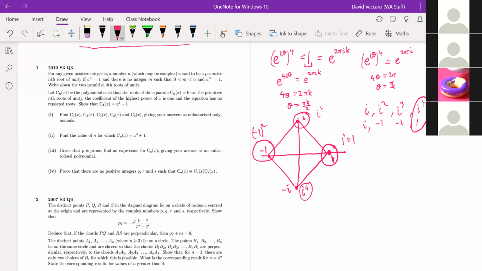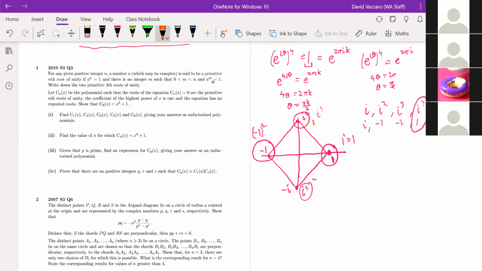Now if you were doing this STEP question for real, you're probably getting ideas of coprimality in your mind: the second power of i is not a primitive root because 2 is a factor of 4, so you only need to square it.